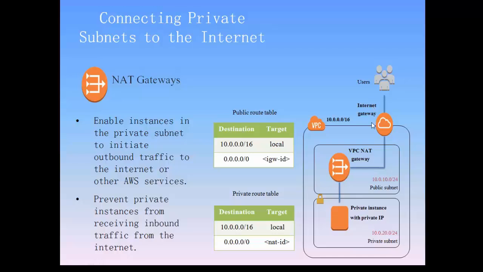So for that purpose, where I want to give this EC2 access to the internet but don't want to put it in the public subnet, we use the NAT gateway.